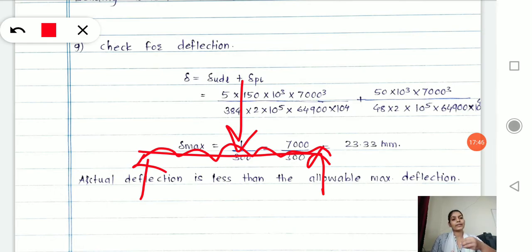What is the deflection given by my beam, and what is the maximum allowable deflection for that beam? We will cross verify it.